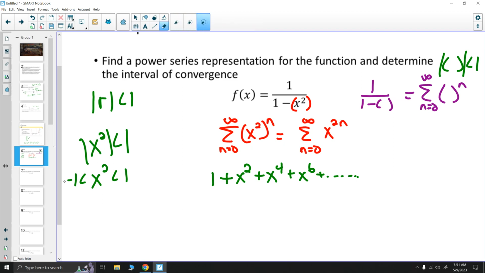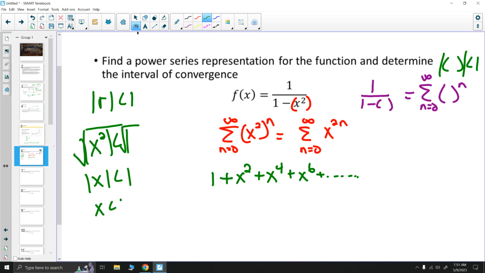So let's take a look at it. If we take the square root and solve for x here, the square root of the absolute value of x squared, we get the absolute value of x is less than 1, which means x is between -1 and 1. And again, if we take the square roots, it's plus or minus technically speaking, but there's our minus, it's taken care of here.